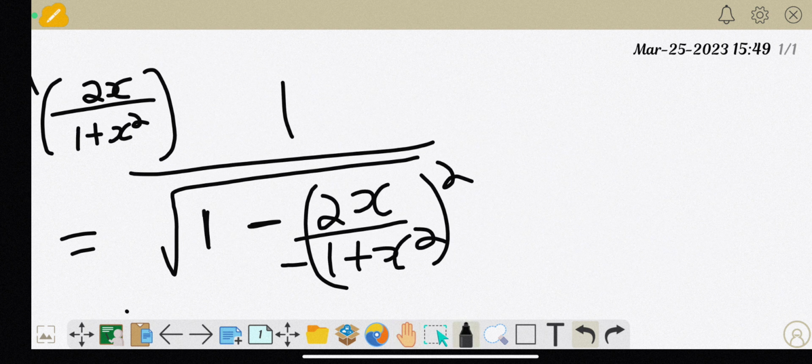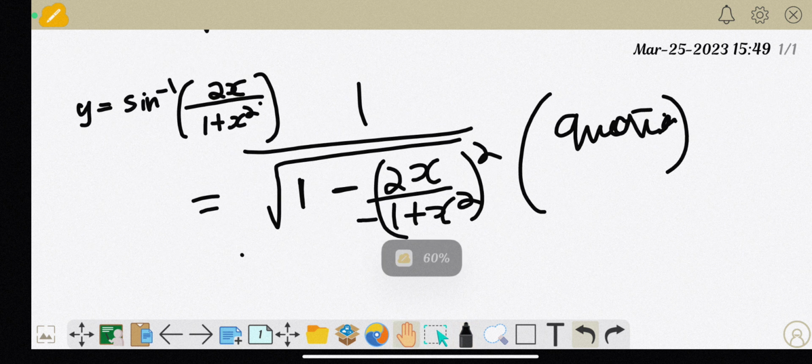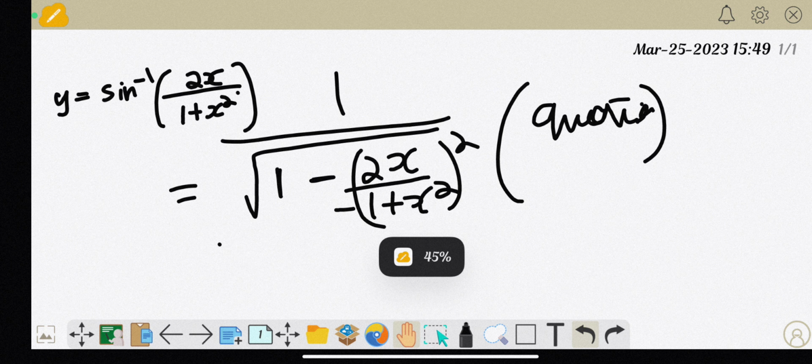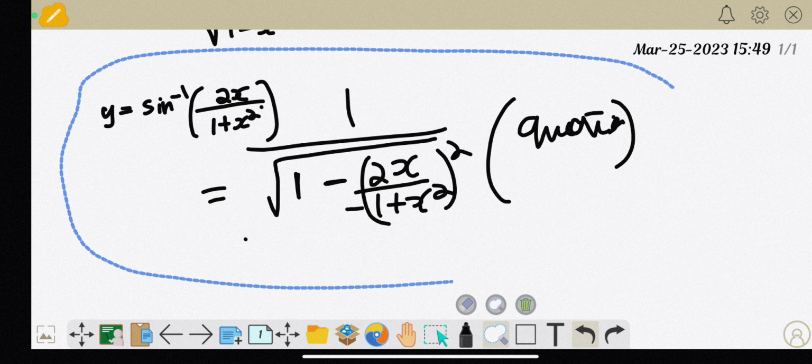Then differentiation of this, you have to use the quotient rule. Then after using the quotient rule, you have to solve it. So here this process becomes quite complicated. Even though the final answer whatever you get is the same. Okay, so see, if you are interested you can try with this method.